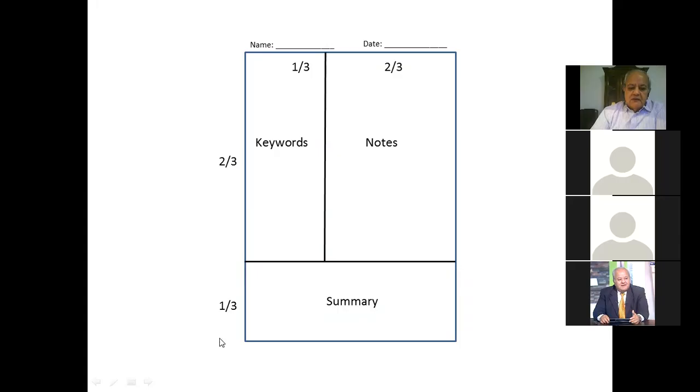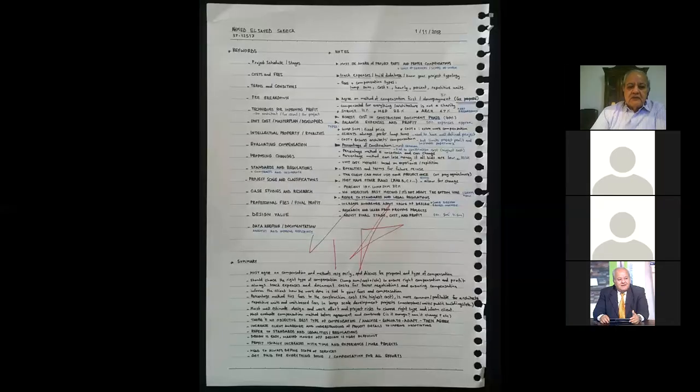In the bottom 1/3, you write a summary of what you have learned during that lecture or session. I will show you a perfect example of one of my students that was done during the lecture.